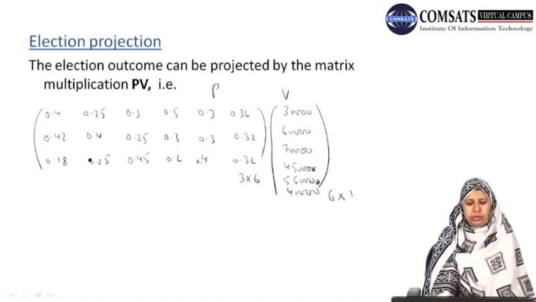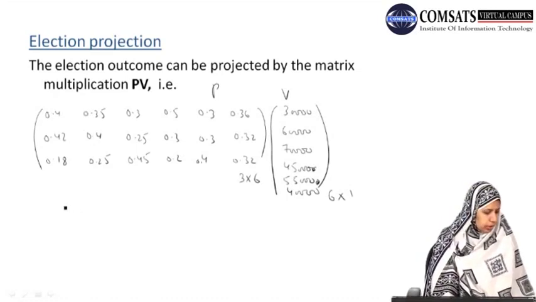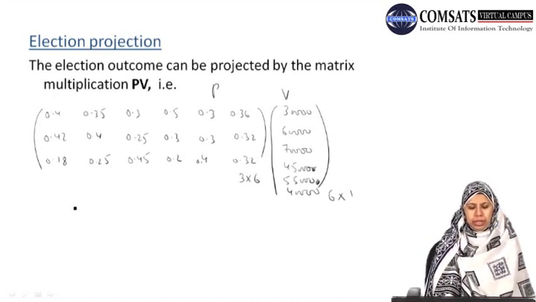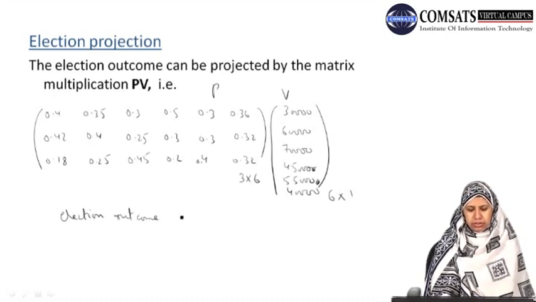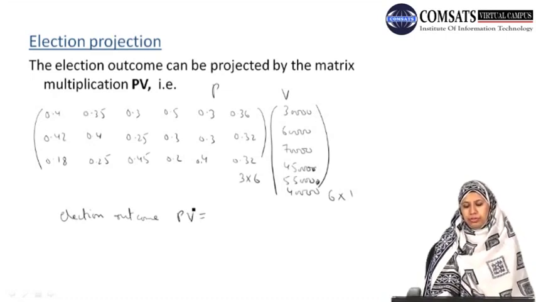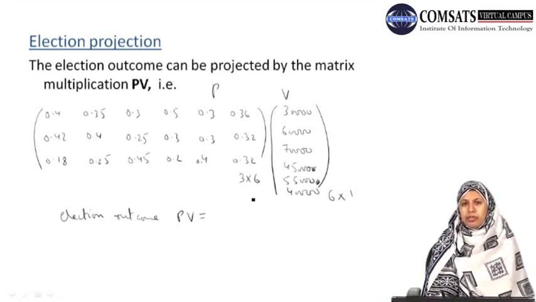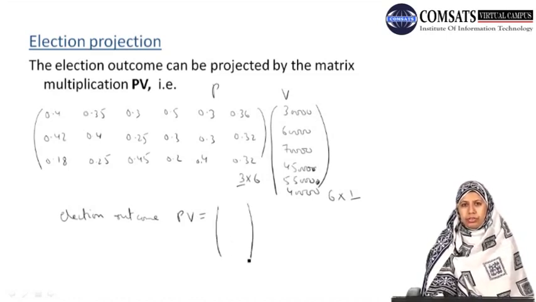So the expected outcome or the election outcome will be a product PV, a matrix of order number of rows of the first and the number of columns of the second. That is a column matrix of order 3 by 1.